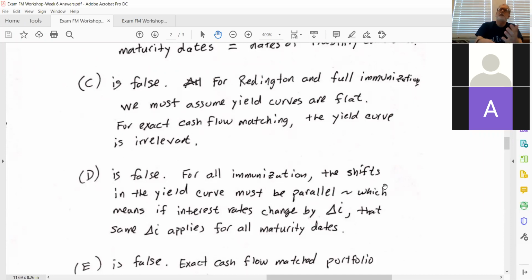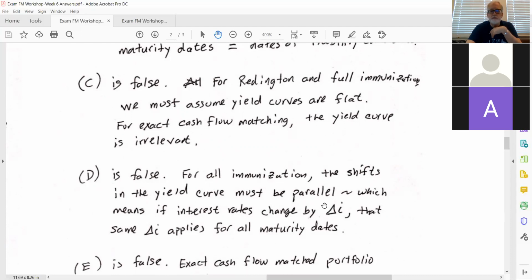And when we get to yield curves, a parallel shift means, if the original yields were 6%, now we're assuming interest rate changes. It changes by the same amount for every maturity date. So that's what I said here. It must be a parallel shift, which means interest rates change by delta I, that same delta applies for all maturity dates.